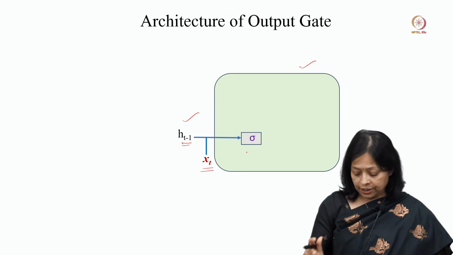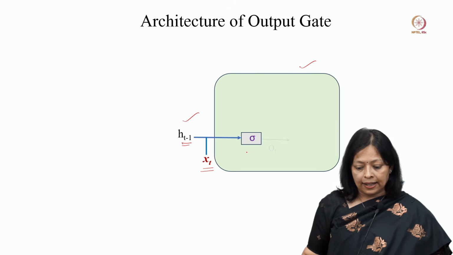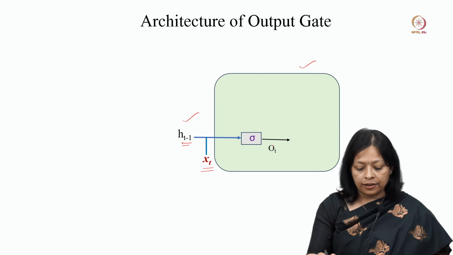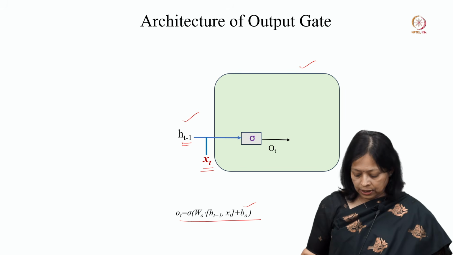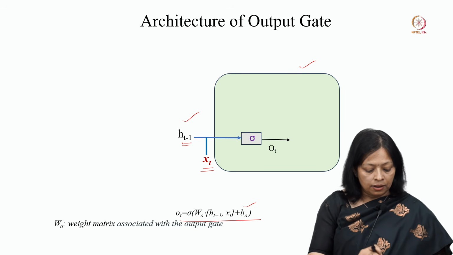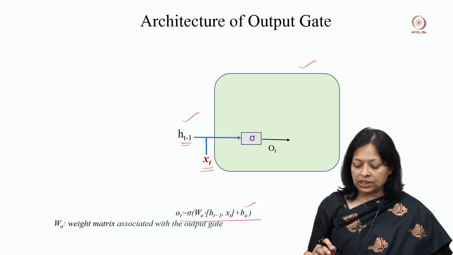It is going through the sigmoid activation function, and what we get here is Ot, given by this equation: sigmoid of Wo into ht minus 1, xt plus Bo. Bo is the bias associated with the output gate, and Wo is the weight matrix associated with the output gate.